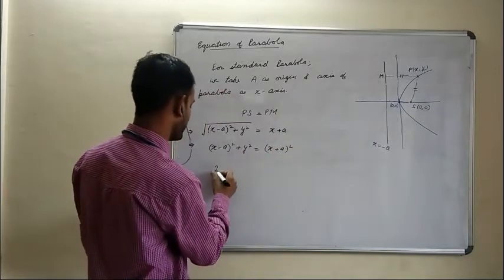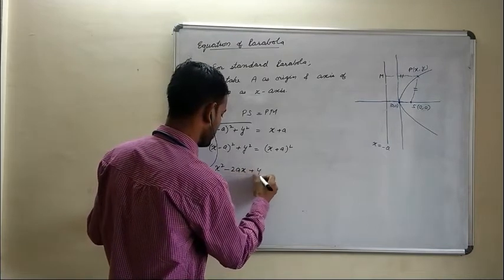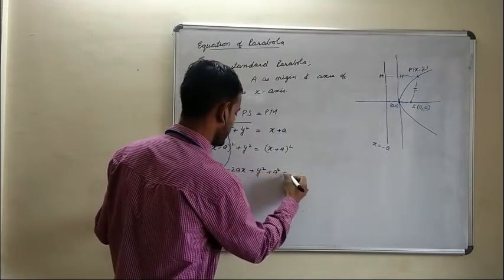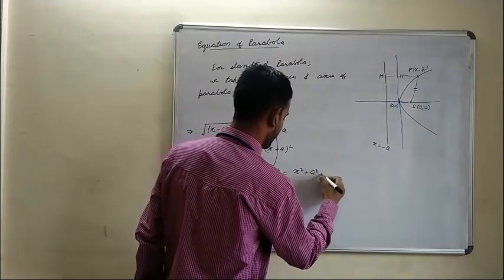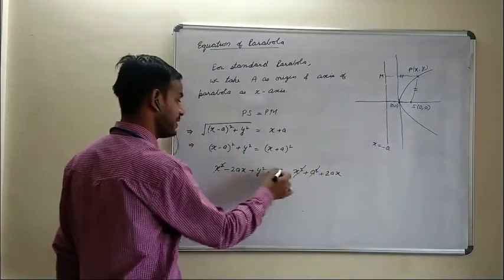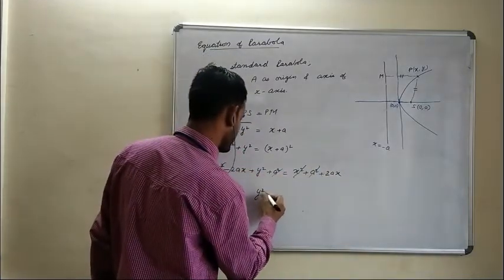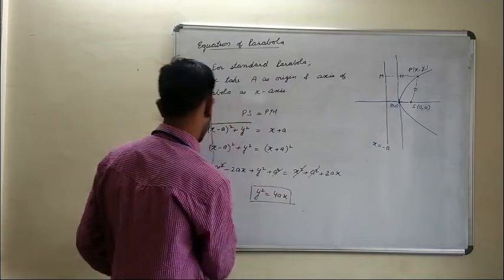So it is x square minus 2ax plus y square plus a square equal to x square plus 2ax plus a square. The x square and a square cancel each other, and we get y square equal to 4ax. So this is the equation of the parabola that we obtained.